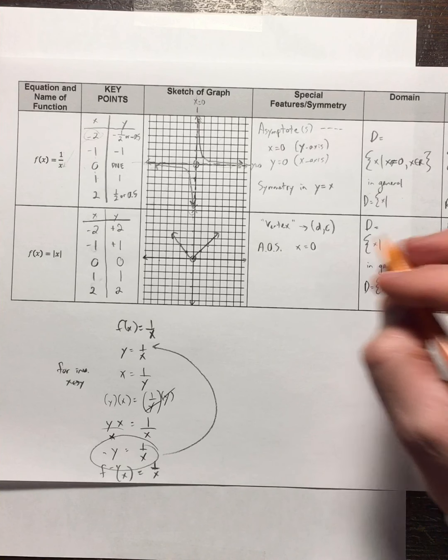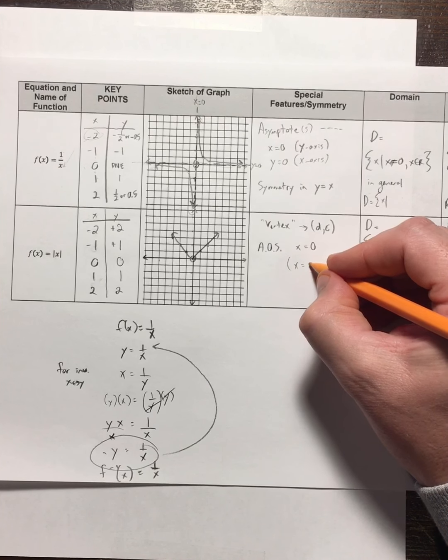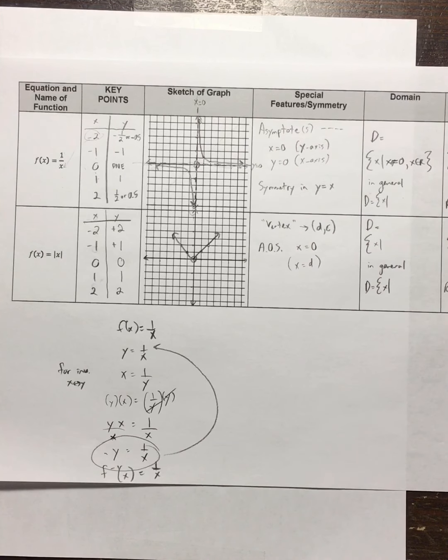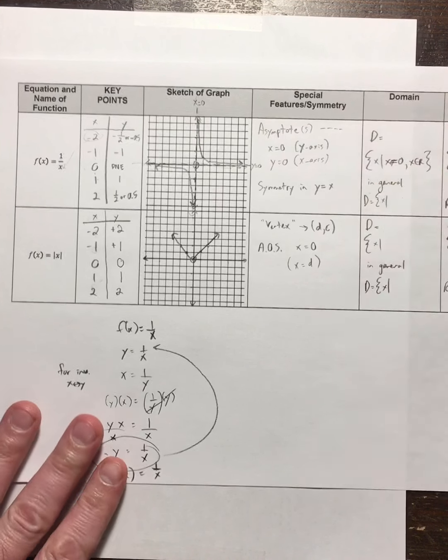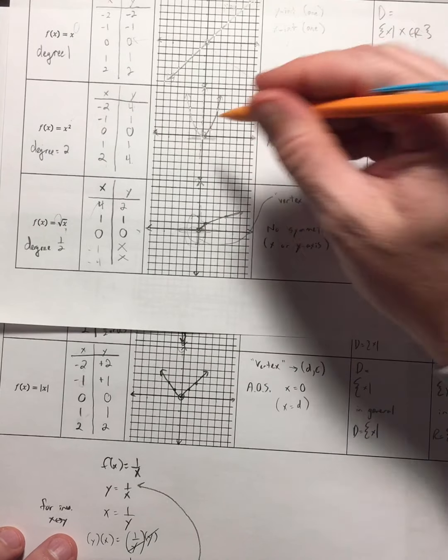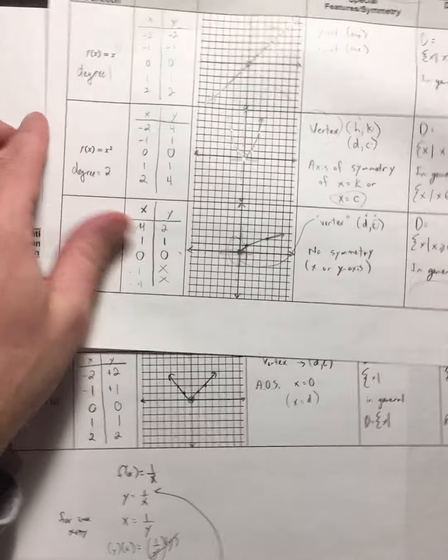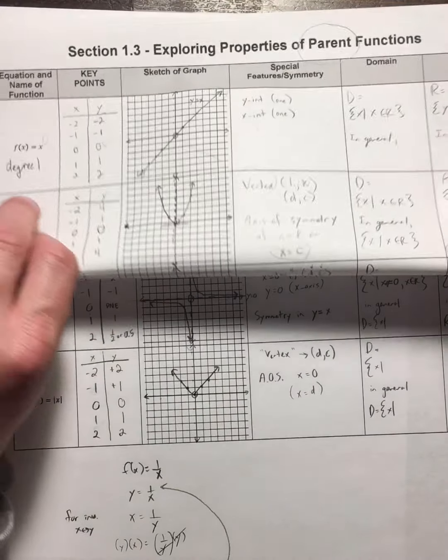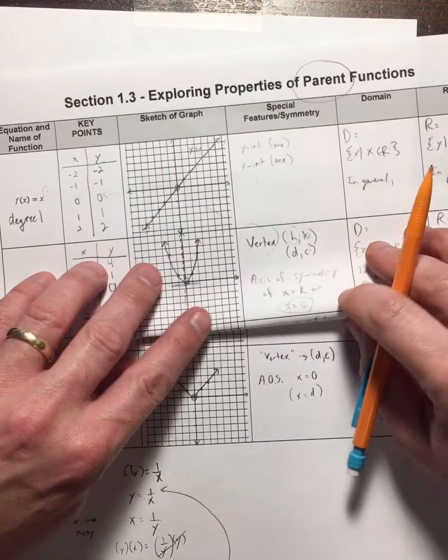Or in general, x is equal to D. All right, and so it's the same sort of deal. If you look at a parabola and you look at this guy, they're basically the same deal, right?